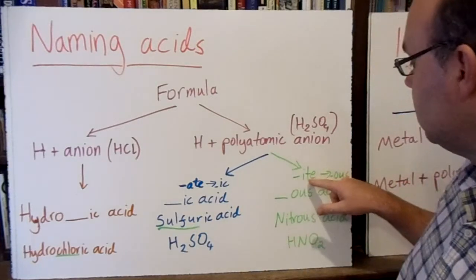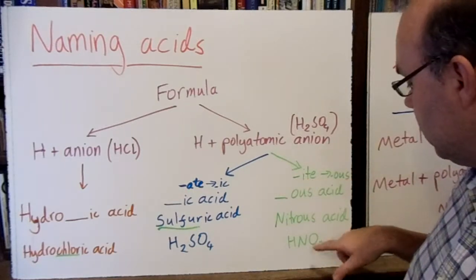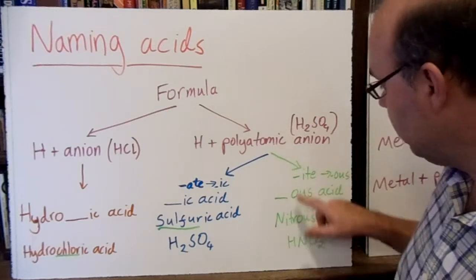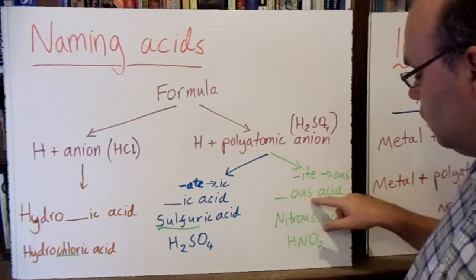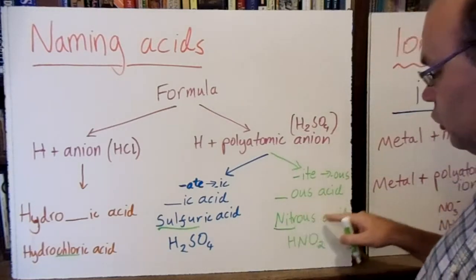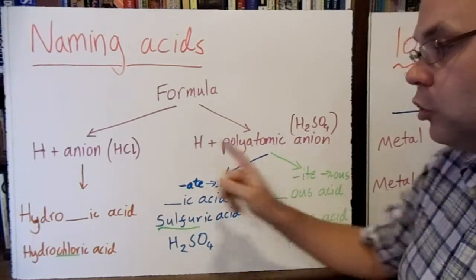Now some things, the anion is ite, like HNO2. NO2 is nitrite. If it's an ite, we change it to ous, O-U-S. Ous acid. So we've got nitrous acid. So you've got a few choices there.